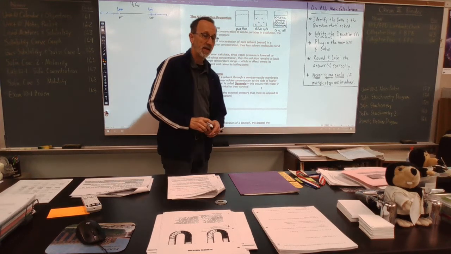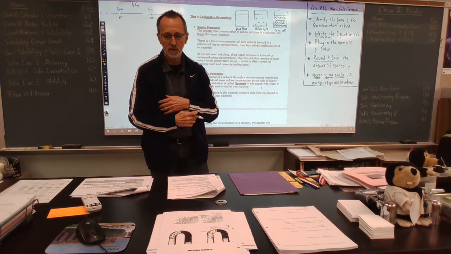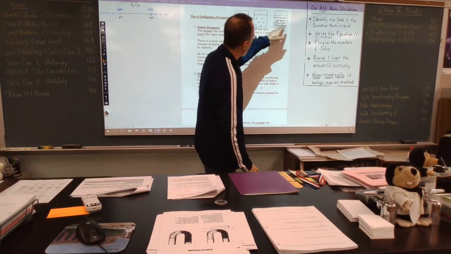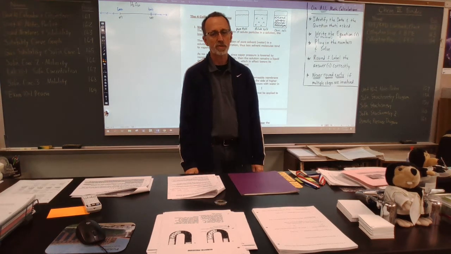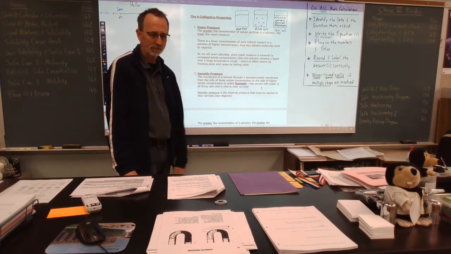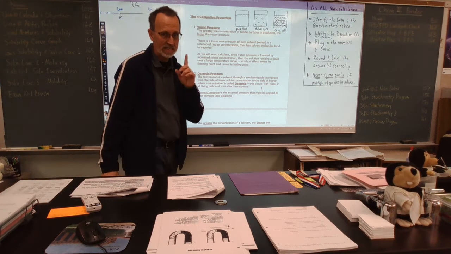And then fill it the rest of the way with water so that all these volumes are the same. But remember that all the other volume of this solution consists of water molecules. The water molecules are there, I just didn't draw them. I want to focus on the solute.